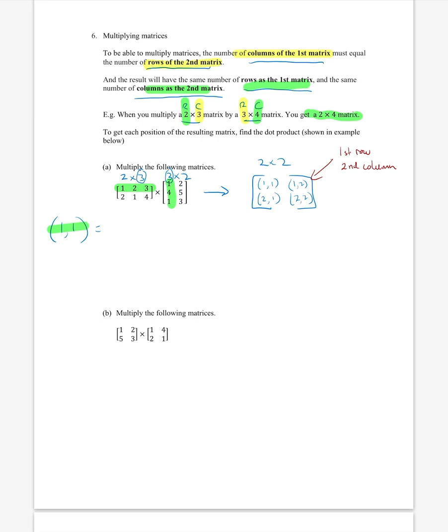And how do we do that? Well, we take the first position in each one. So the first part will be 1 times 1. Then we add to that the second positions, 2 times 4. And then we add the last position, which is 3 times 1. Okay, and so that will get us 12.